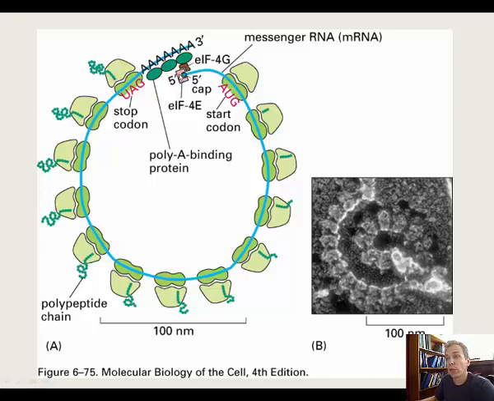It serves as a quality control step, showing that if we're going to translate this RNA, which is what these green ribosomes are doing, we want to make sure we have a proper 5' cap and that we have a proper poly-A tail. If we don't have one of those two things, translation will not begin. So it serves as a quality control to make sure that the RNA is truly a messenger RNA.